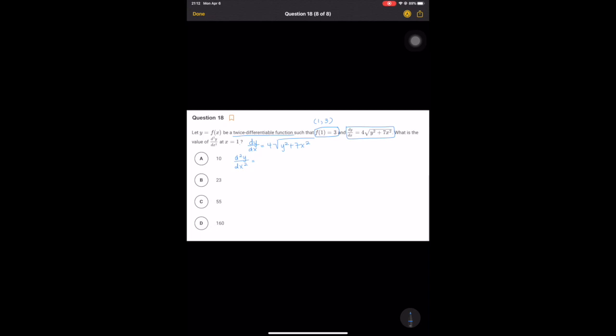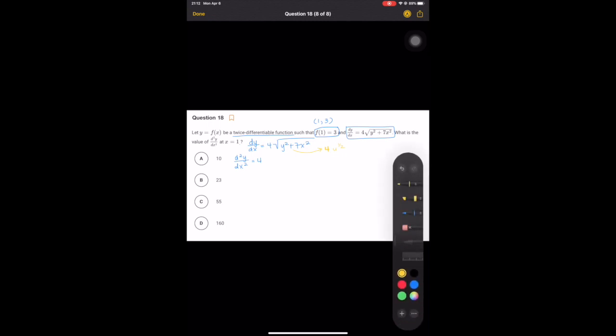Notice 4 is the coefficient, and this is in the form of chain rule, and I'll show you a little bit here. This is the same thing as 4 times u to the 1/2. Okay, so what we're using here is the power rule, and our u is that y squared plus 7x squared that's on the inside. Okay, so power rule says pop the power to the front, so that's times 1/2.